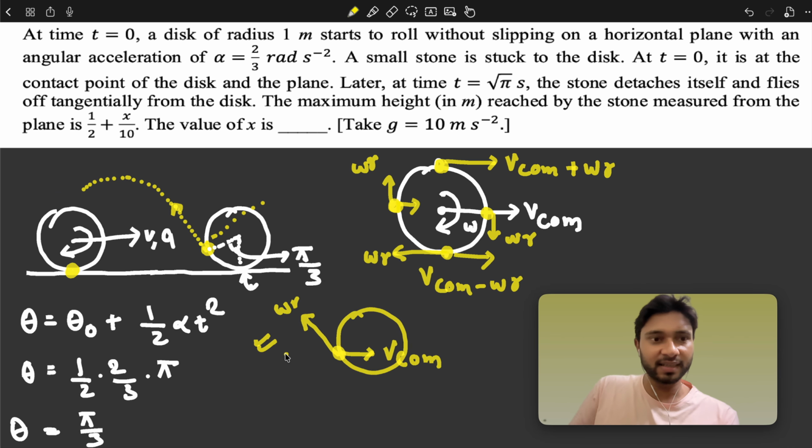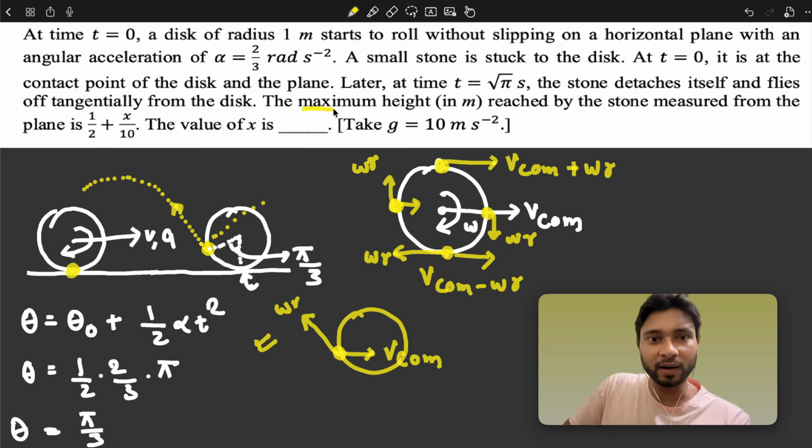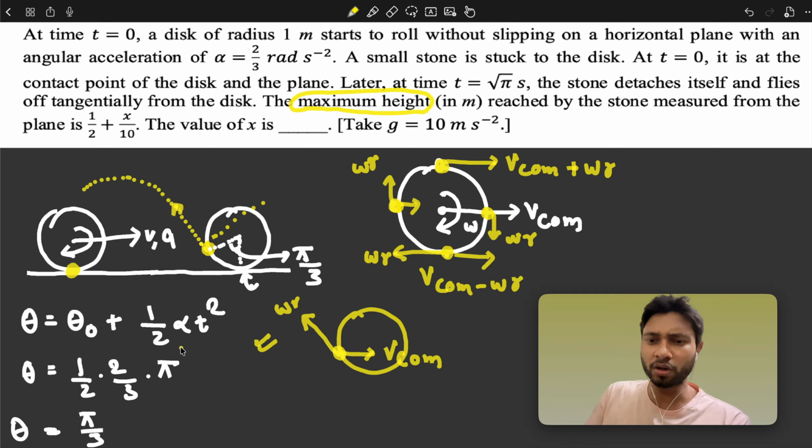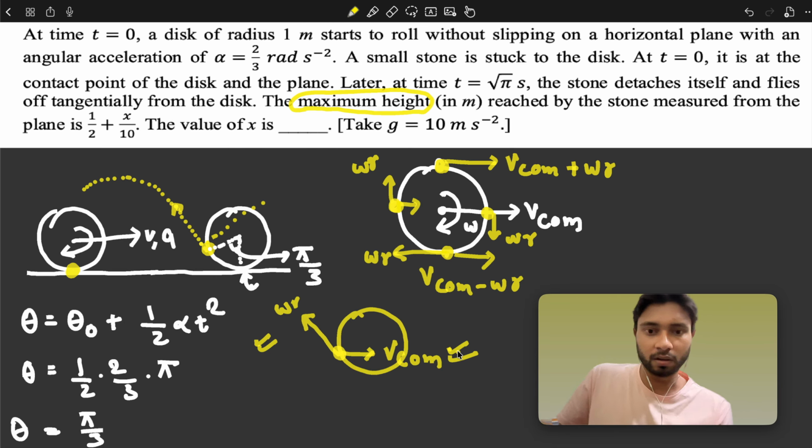Since we are interested in the maximum height, the maximum height traveled by the stone depends on the vertical velocity. It does not depend on the horizontal velocity. So the velocity of the center of mass will have no role over here.